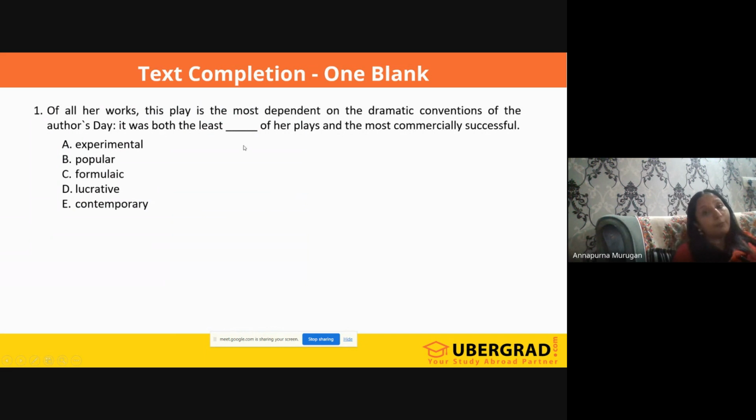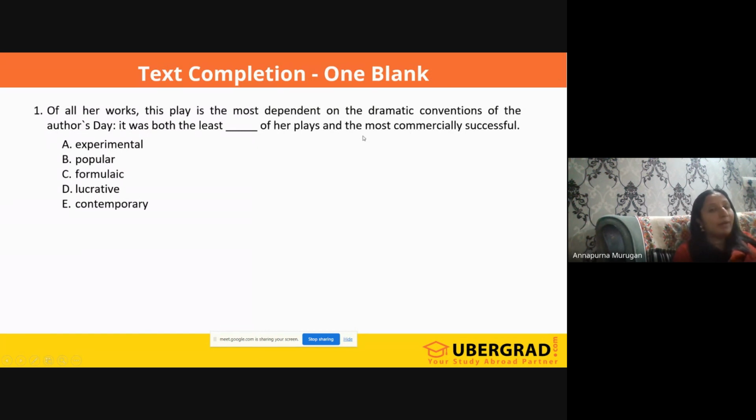For the blank, you will have the clue in the sentence itself. Therefore, when you read the sentence, it is not just reading. We want you to read and understand the movement of the idea happening in the sentence.